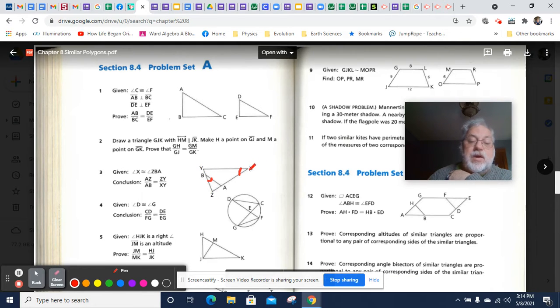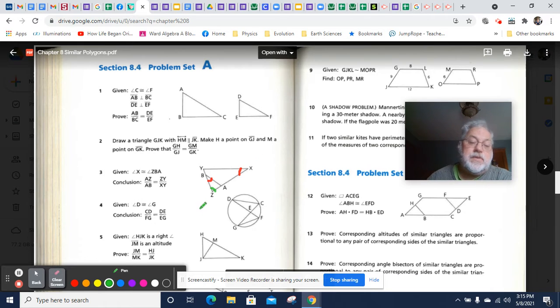All right, what that really is getting at is, if we can prove that ZXY is similar to ZBA, then we'll be able to do this. The nice thing is they share an angle right here. So by angle, you'll be able to prove that ZBA and ZXY are similar.